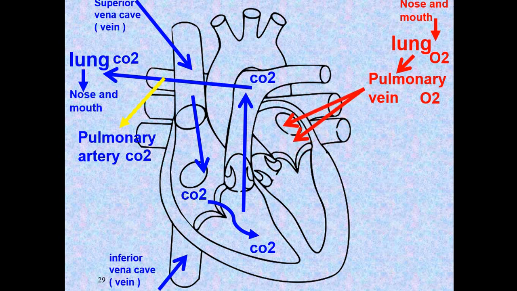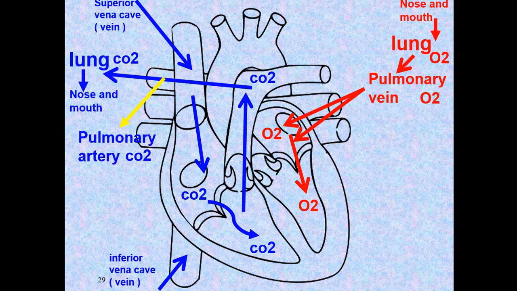It enters the heart from the left atrium and gives the heart blood rich with oxygen. Then the left atrium passes blood to the left ventricle.